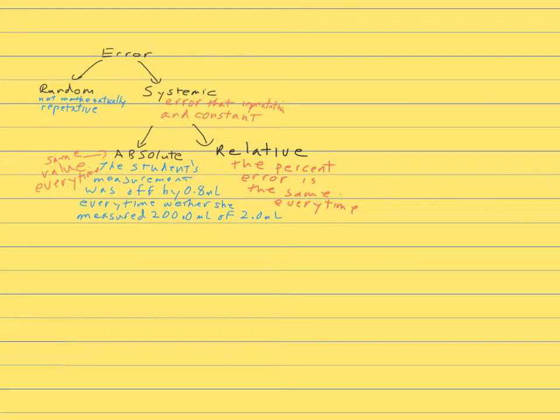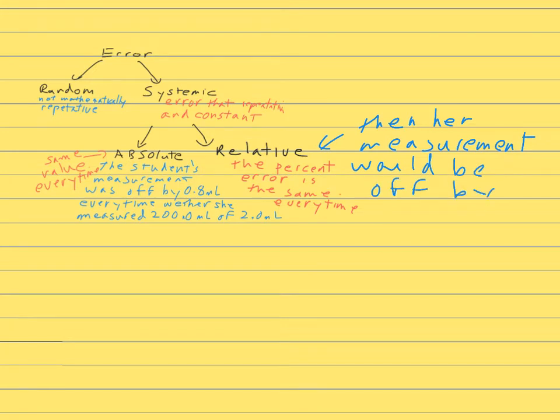For example, if our student had relative error, then her measurement would be off by 1.9% every time. That would mean a different absolute value, right?